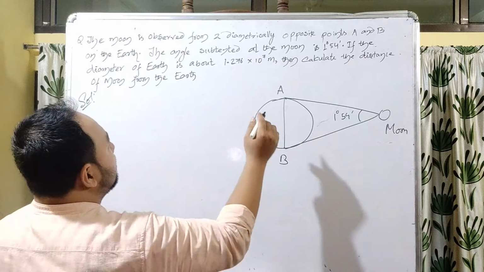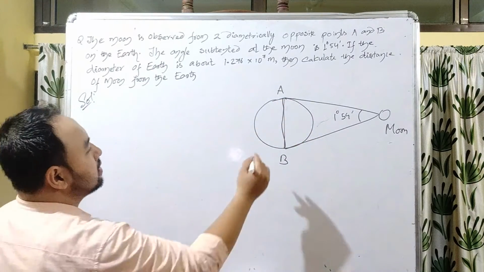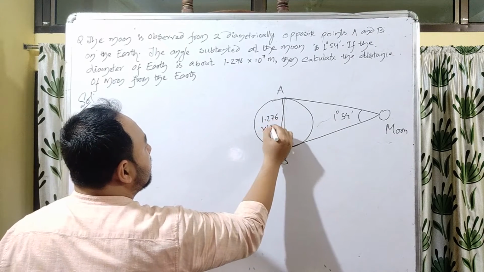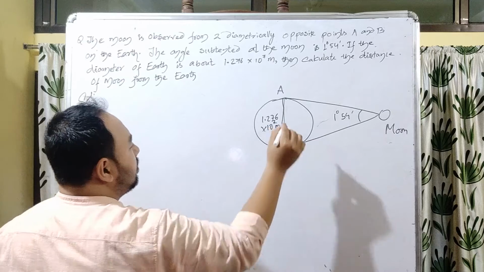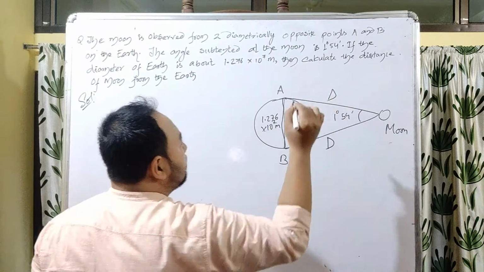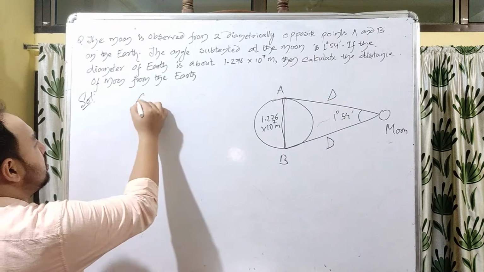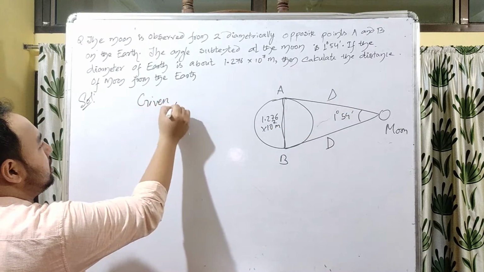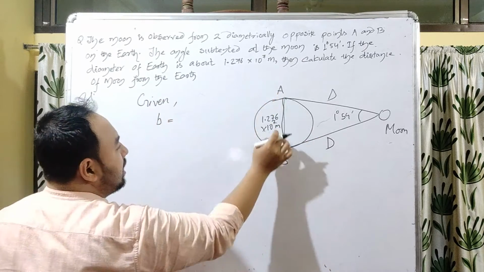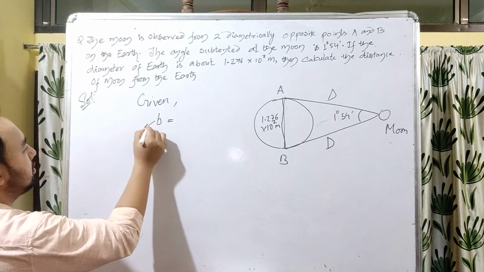And the diameter of the earth is given to be 1.276 into 10 to the power 7 meter. We have to calculate this distance. So now given is, this distance AB, as I have said, it is known as the basis.